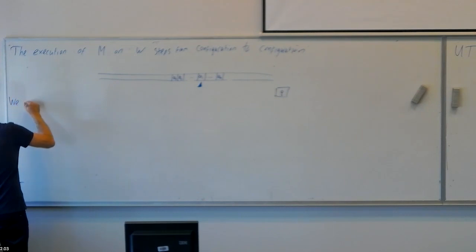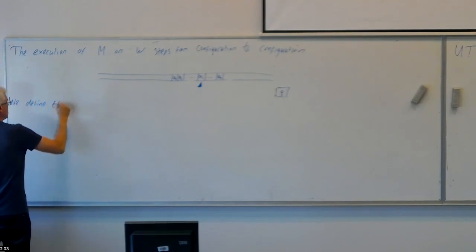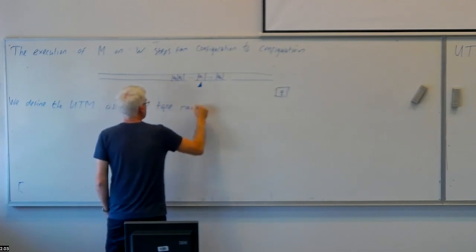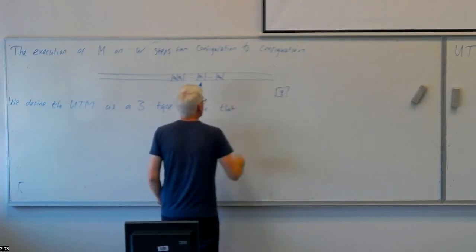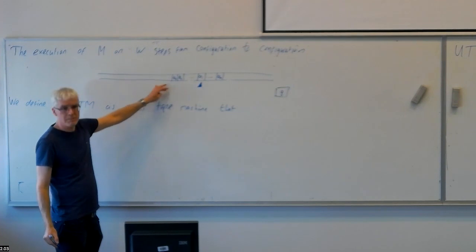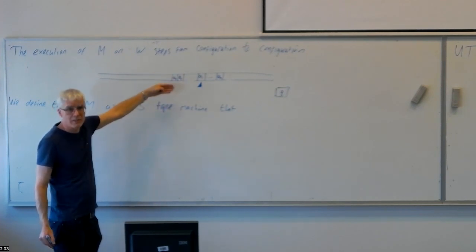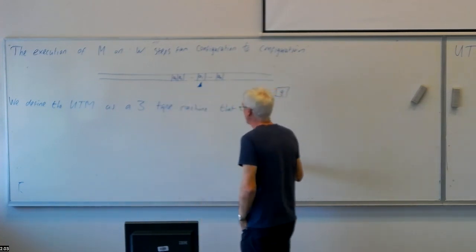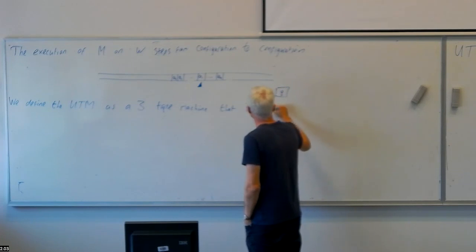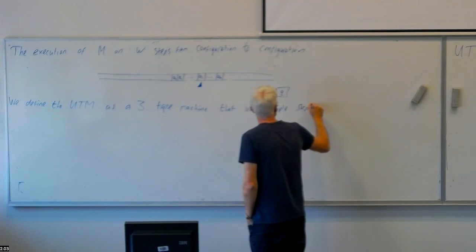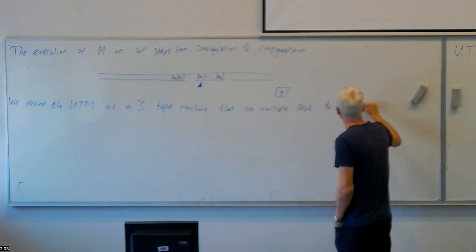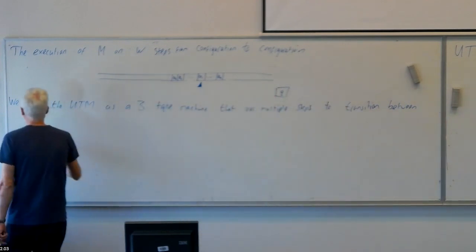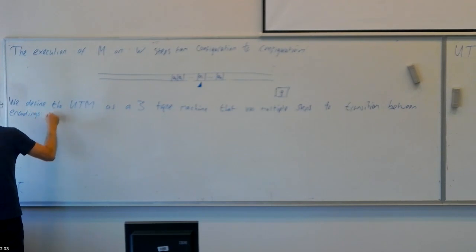So we define the UTM as a 3-tape machine that converts a single step from a configuration like this to the next configuration into a multi-step computation of the universal Turing machine, which uses multiple steps to transition between encodings of configurations of M.